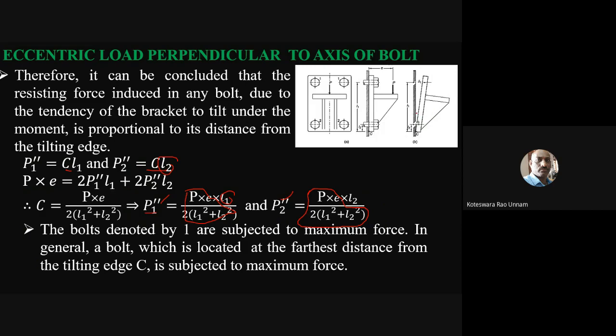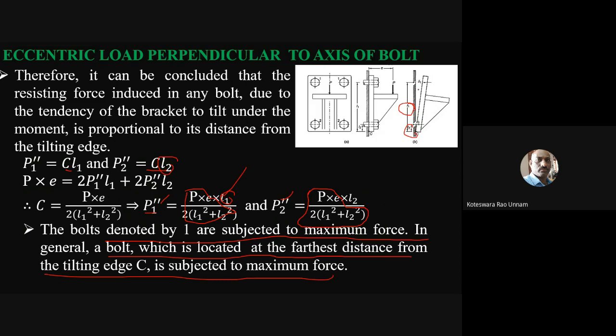So that's why here your L1 is more than L2. That's why we have written that the bolts denoted by 1 are subjected to the maximum force, because L1 is more when compared to L2. So in general, the bolt which is located at the farthest distance from the tilting edge is subjected to maximum force. We can generalize that statement also.